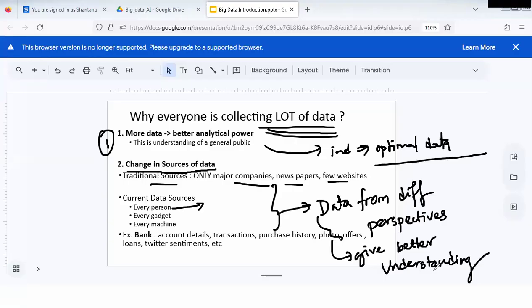But when you have lots of data from various angles, then basically you are going to have more data.